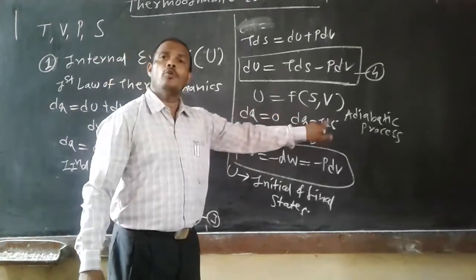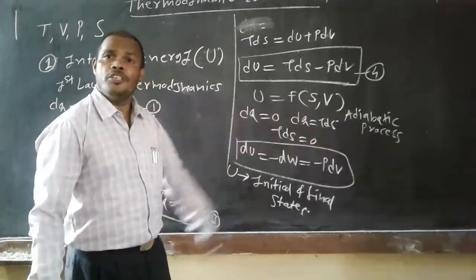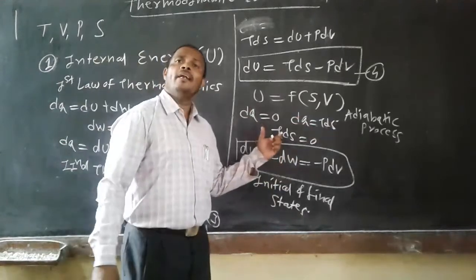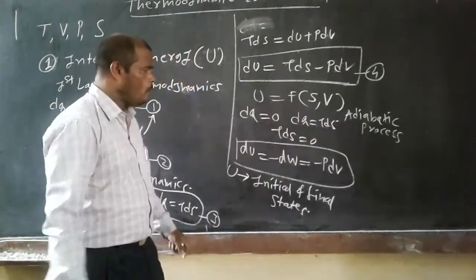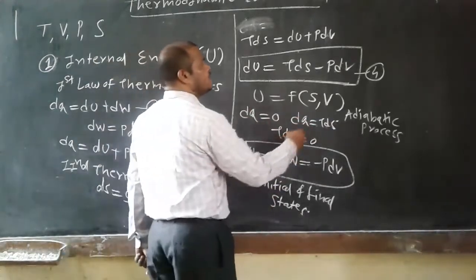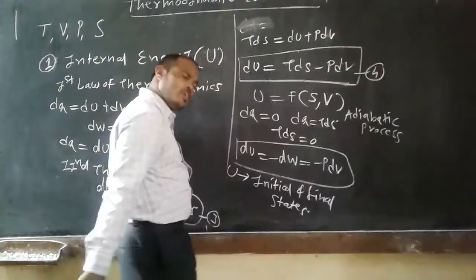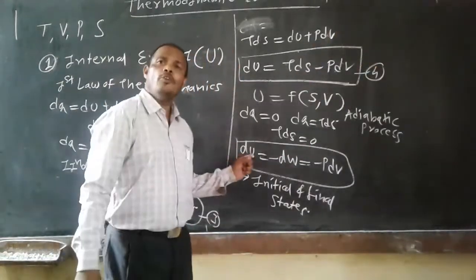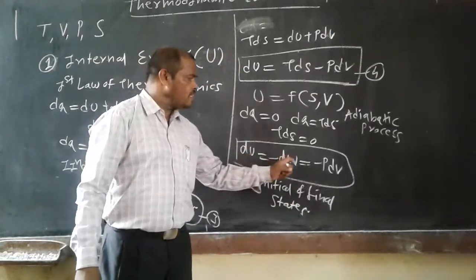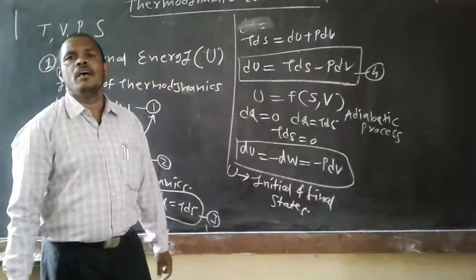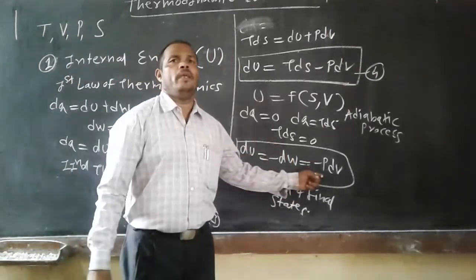Now for adiabatic process, amount of heat supplied to the system is 0, dQ is 0. Since dQ is equal to TdS, and dQ is 0, ultimately TdS becomes equal to 0. Put value of TdS equal to 0 in equation 4. We get dU is equal to minus dW, that is minus PdV.